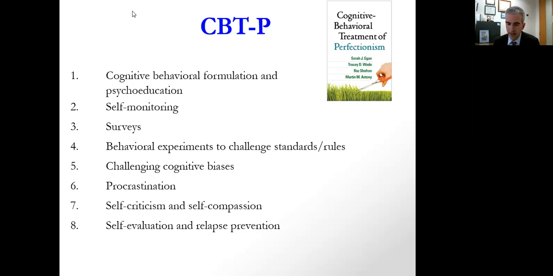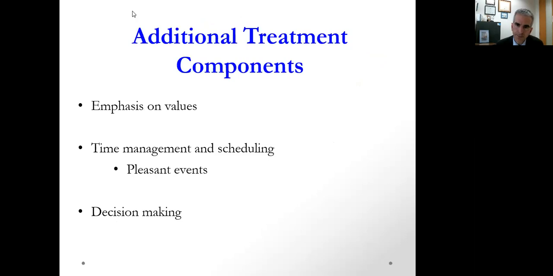Are there other ways that I can evaluate myself, so that if my work life is not going well, I have other things that can support my view of myself. All right, and so that's related to self-evaluation as well as relapse prevention, how to maintain these new ways of living.